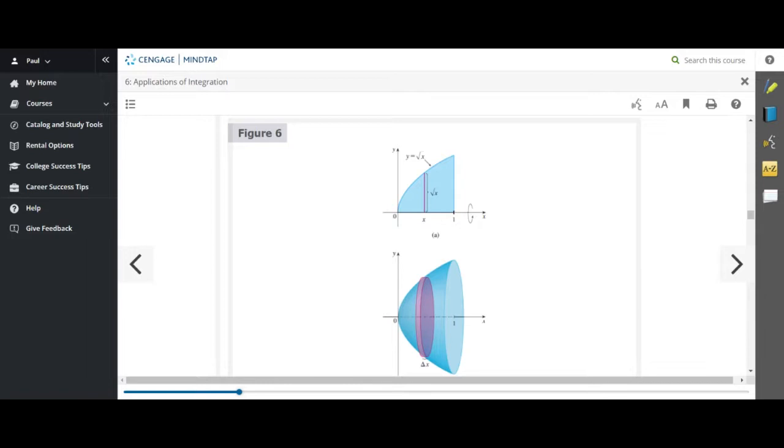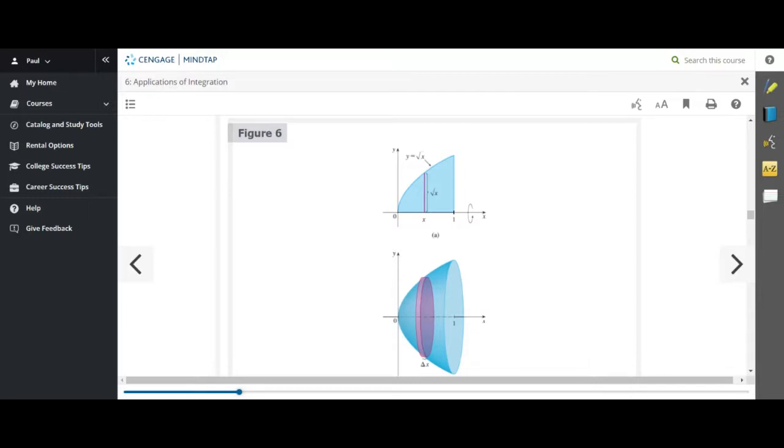The area of the top of the cylinder would be the area of a circle, right? So what's the formula for the area of a circle of radius r? That's right, Tosh, pi times r squared.